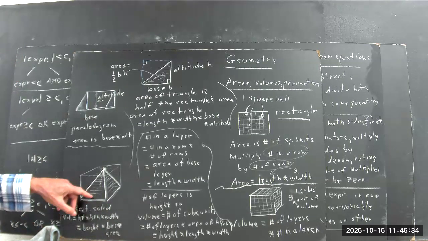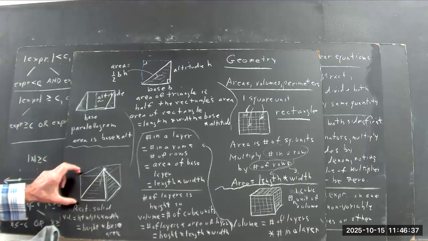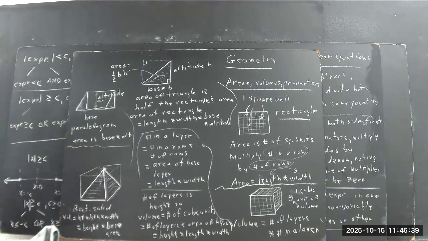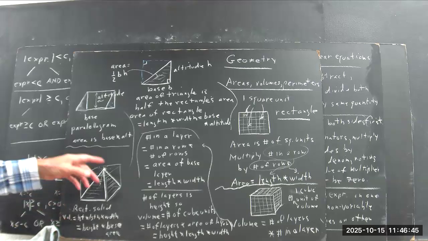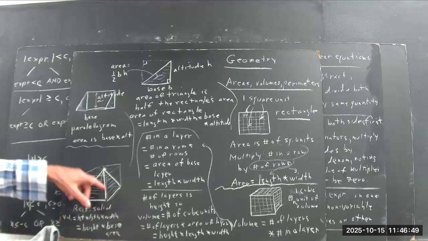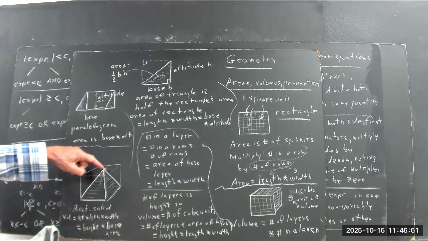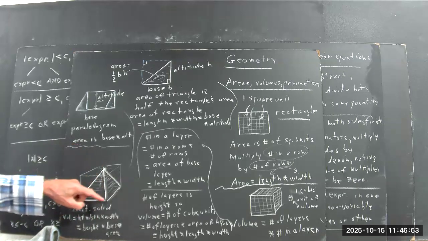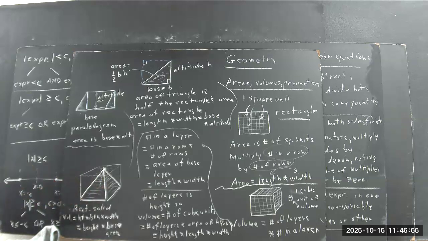You see that this thing is contained inside of this rectangular solid. It's like in a box. Just think of this rectangular solid as a box. And you form a pyramid using any point on top and the four corners of the base. Okay?